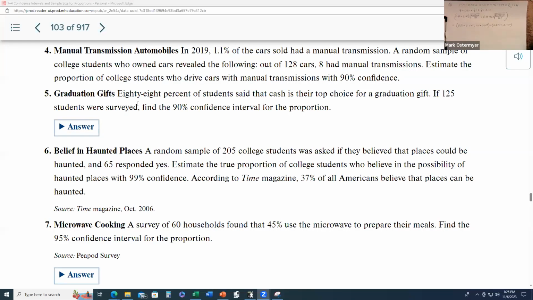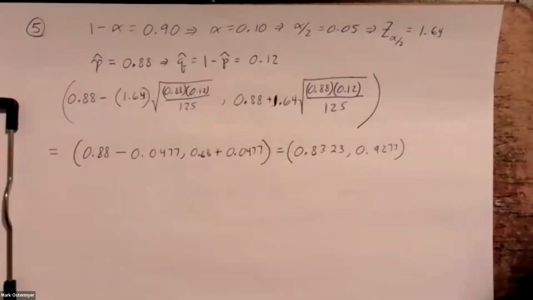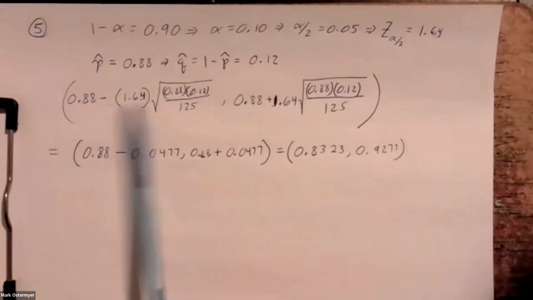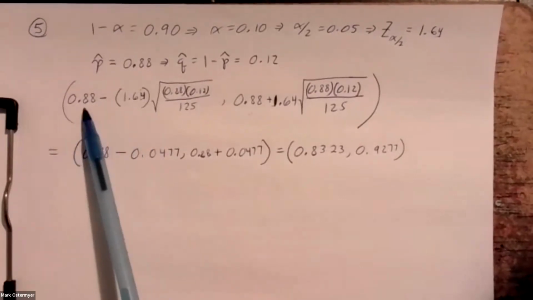It says 88% of students said that cash is their top choice for graduation. If 125 students were surveyed, find a 90% confidence interval for the population proportion. Oh, I read 85. My bad. I'm sorry. 88%. Okay. All right. So 88% is accepted as the sample proportion.